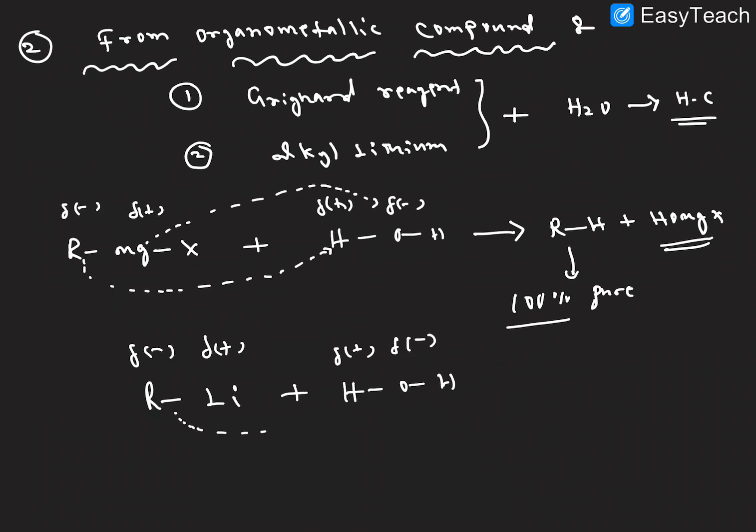So this abstracts the proton from here, and what we get is RH plus LiOH, lithium hydroxide. So from organometallics we will get the hydrocarbons. Next, the third method is the coupling reaction.